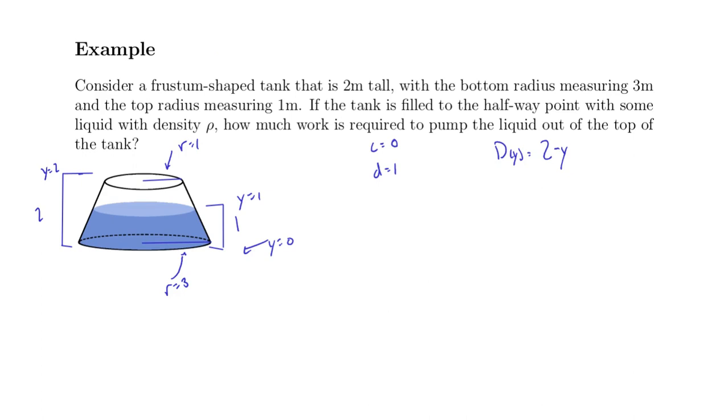Because if we take a look at a cross-section of this thing, if we just take a really thin slice of this and pull it out, we're going to be looking at a really thin disc-looking shape. And if we put that on its face, that's going to be a circle.